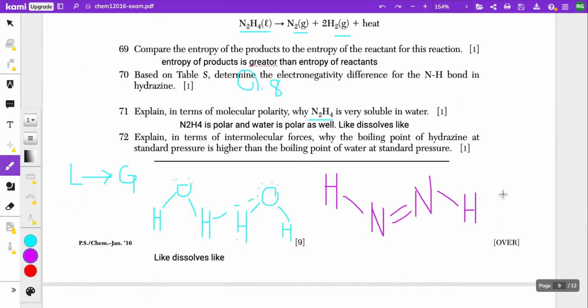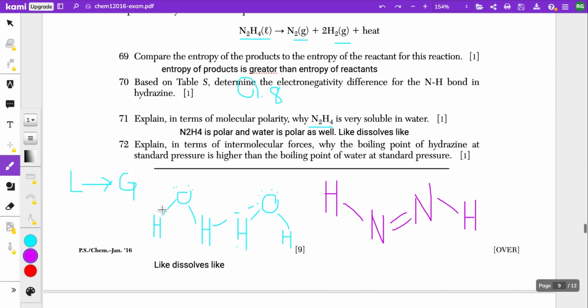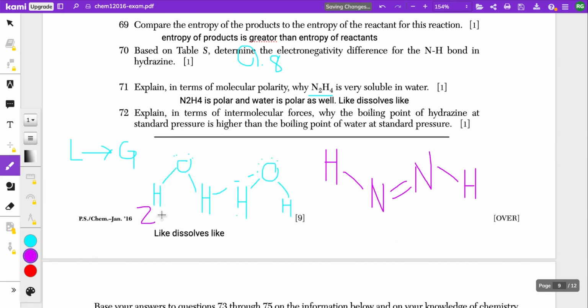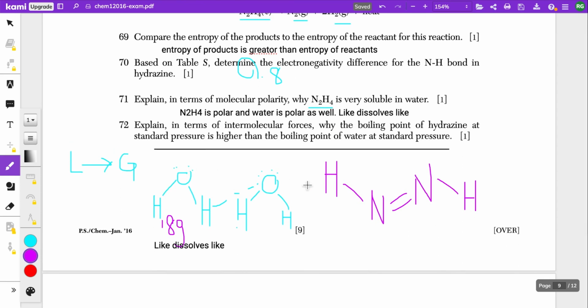What I mean is N2H4 is overall bigger than H2O. H2O has a molar mass of 18 grams. However, N2H4 weighs much more than this, so it's going to have stronger London dispersion forces. They all have hydrogen bonding, but this one is simply bigger, and therefore its London dispersion forces are going to overpower those of H2O.